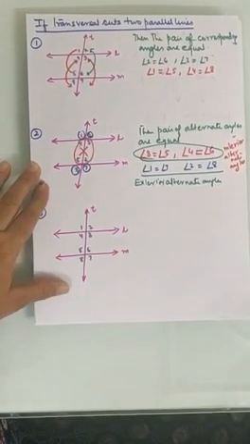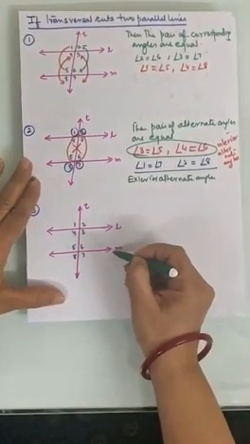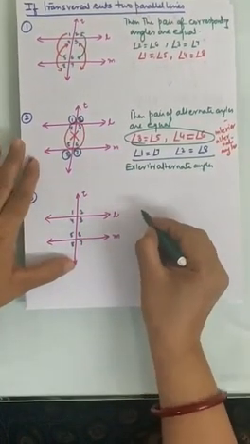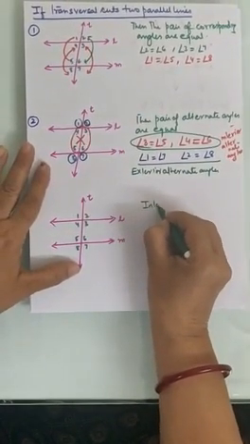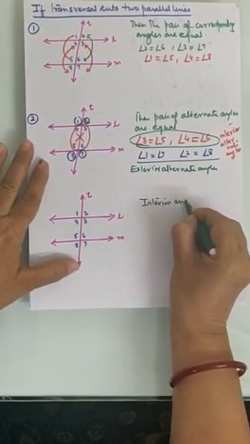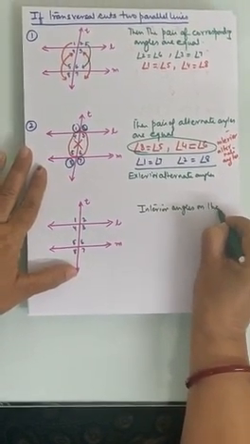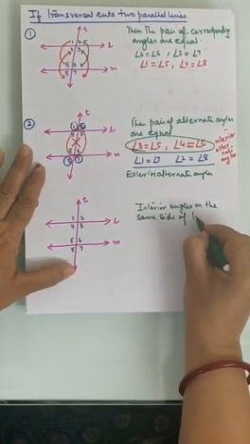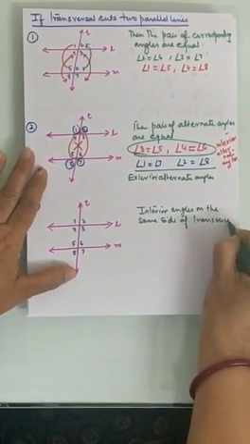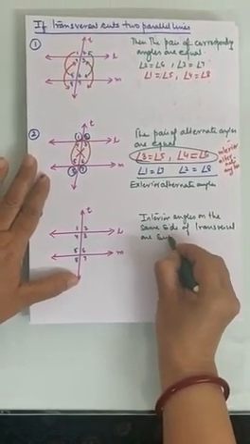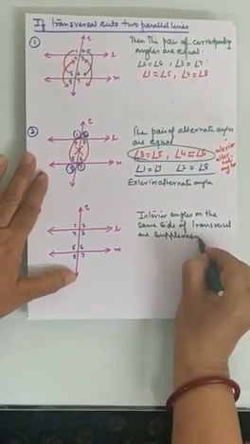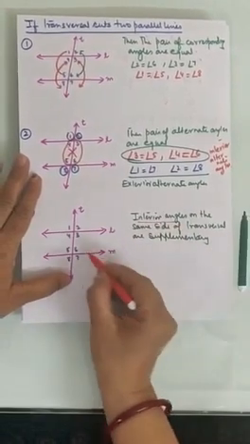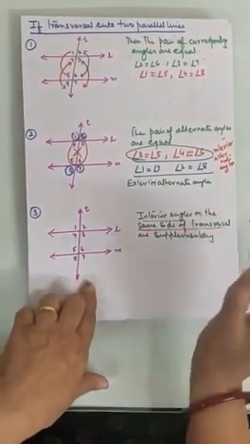Now coming to the third one, again when two parallel lines are cut by the transversal T, then interior angles on the same side of the transversal are supplementary. What does this mean? Interior angles on the same side of transversal.